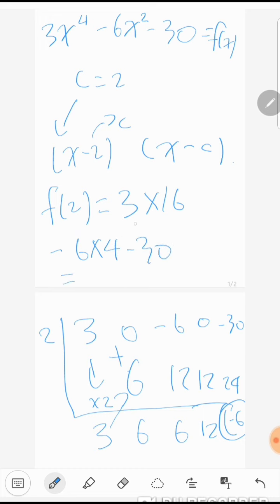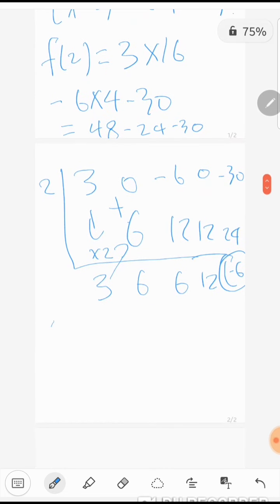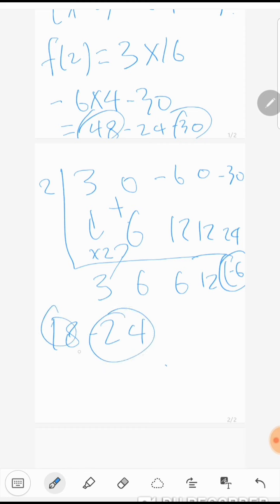So that's 48 minus 24 minus 30. I did 48 minus 30 first, so that's 18 minus 24, and that would be negative 6.